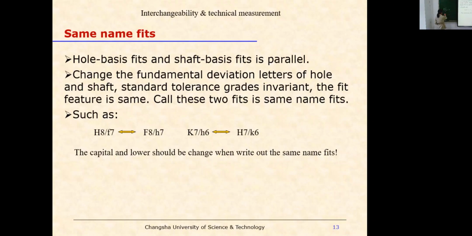And F is here, from the figure on page 28, the upper deviation of F is here, with grade IT7. So the lengths are the same.